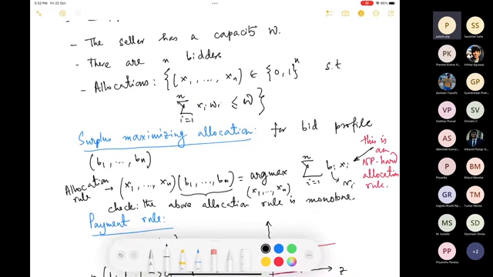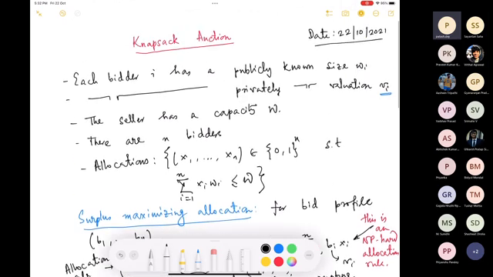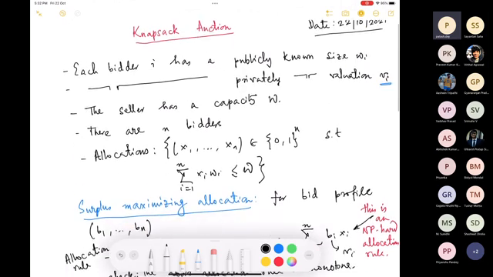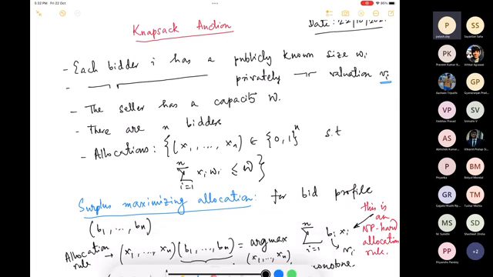That means you are given n items, and these n items have bid values b1 to bn, and each item has a size wi, and there is a knapsack of size capital W, and you need to pick items so that the entire weight of the items is less than or equal to W, it fits in the bag, and the value is maximized. The value is summation Bixi. This particular problem is the knapsack problem, and hence the name of the auction, knapsack auction.